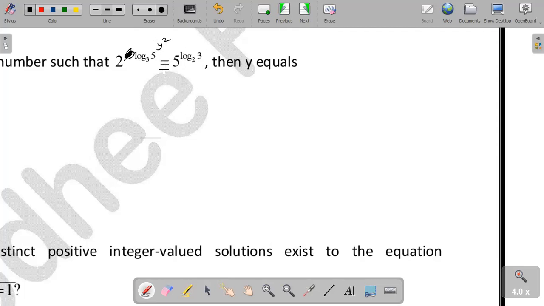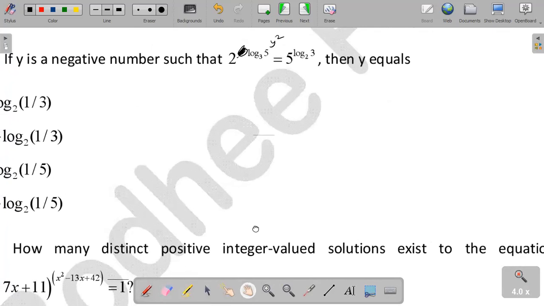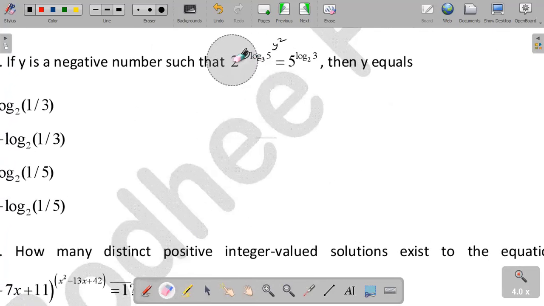Let me see the options. Okay, so options are given in this form, and what it is given, y square. Fine, completely fine. So let me take log 2 on both sides.